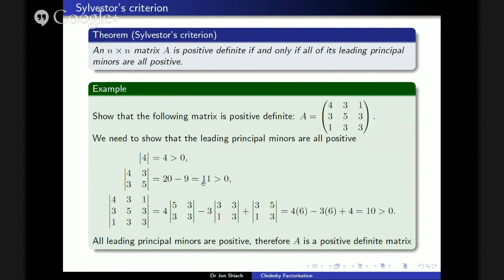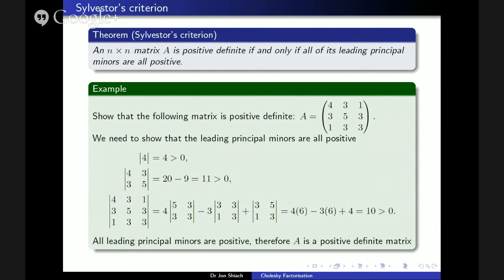Okay, determinant is 11, which is positive. And finally, if I take all of the matrix itself, calculate the determinant, I get 10. And therefore, 10 is greater than 0, it's positive. So all of those principal minors are positive, therefore A is what we call positive definite.